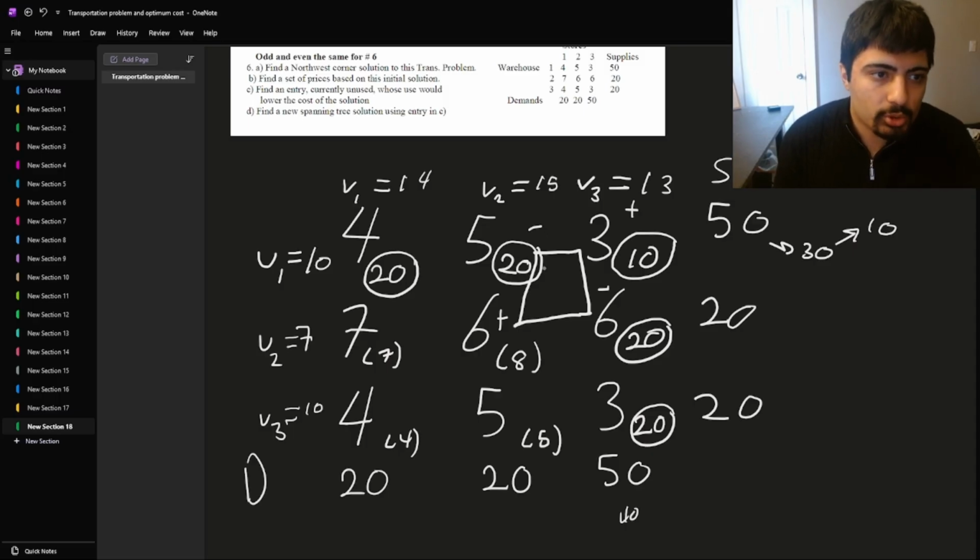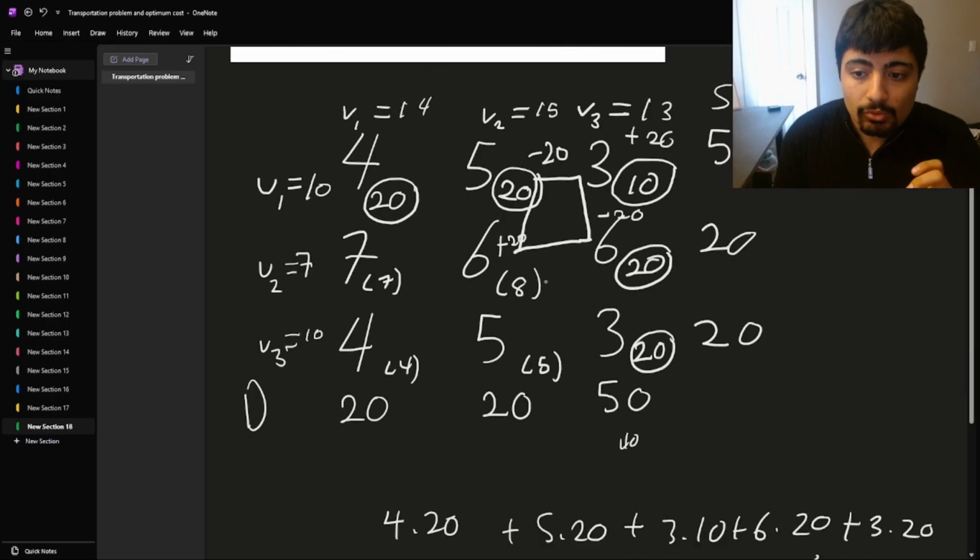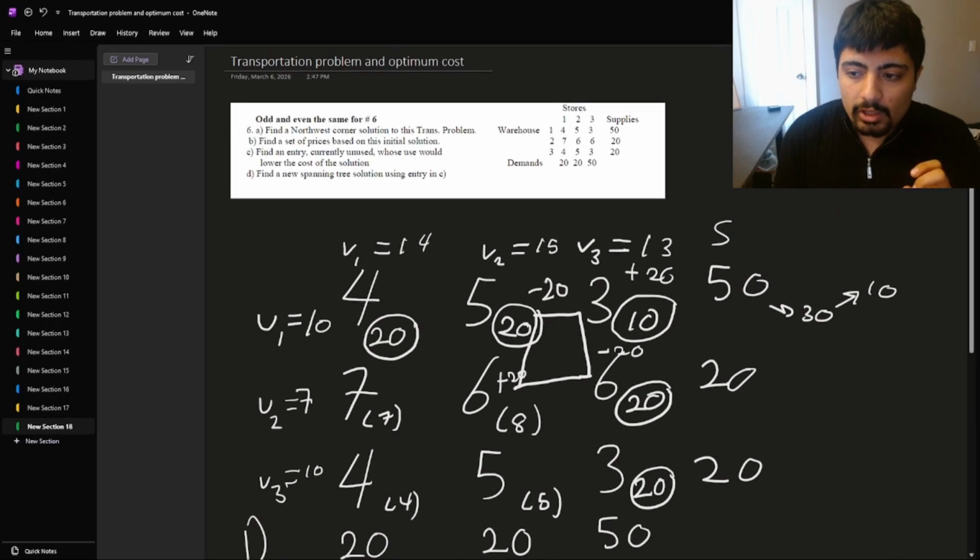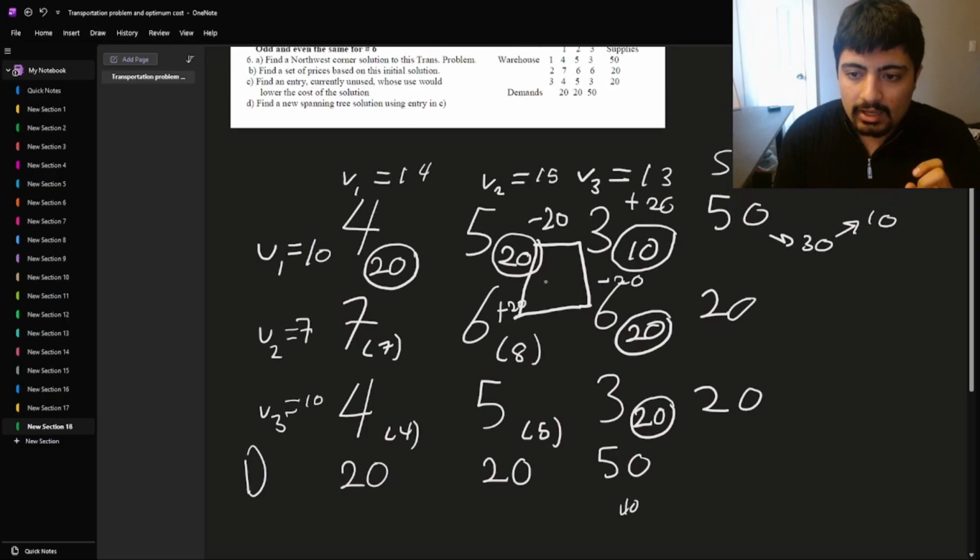If this was a 5, we would choose a 5, as long as it has to meet both of them, basically. So we're gonna choose a 20 because 20 is the smallest value in common. And then you're gonna add 20 because we subtracted 20, so we keep the balance of the rows and the columns. And this new updated version will help us get our cheapest solution, and we will test that momentarily.